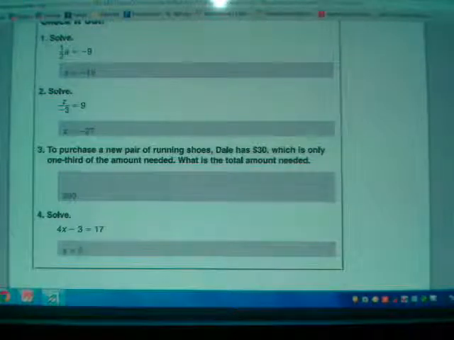The thing that's attached to the variable moves last. So right now, that means that if I go through all the little steps that we do, 3 is the first thing that's going to move.